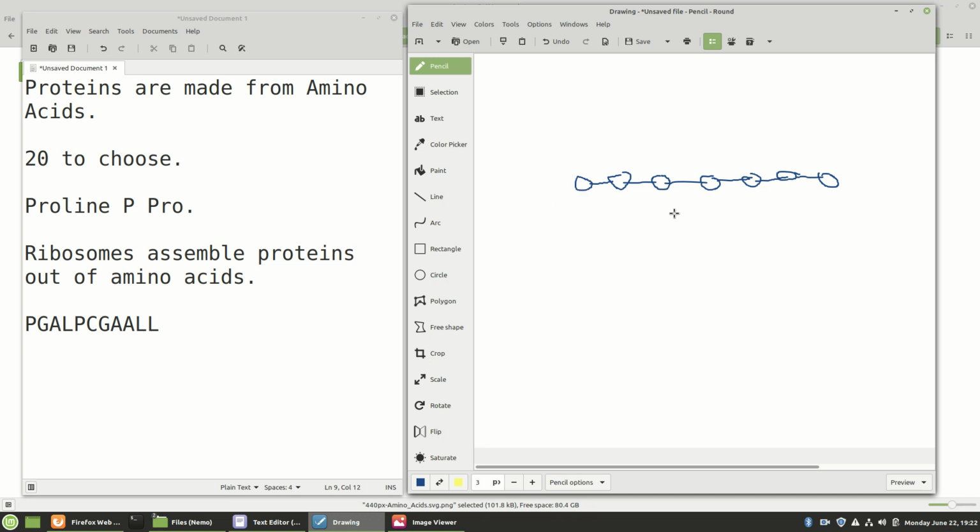Now, as this ribosome is creating these, they're going to come off the ribosome one at a time, but these amino acids have properties that I just showed you. Like maybe this one has a positive charge, and this one has a positive charge, but this one has a negative, and let's say this one has a positive.